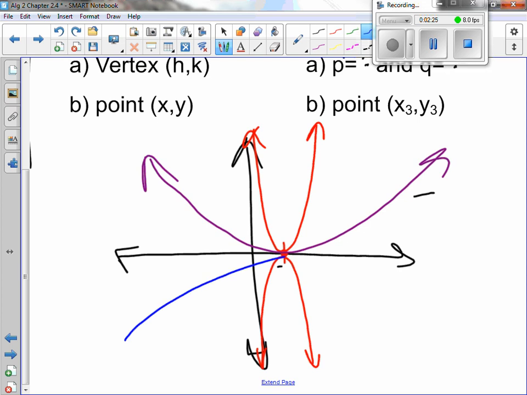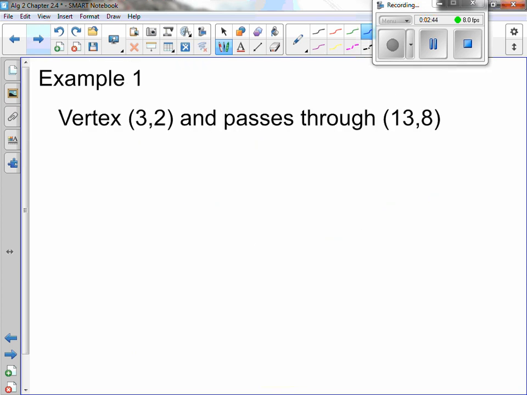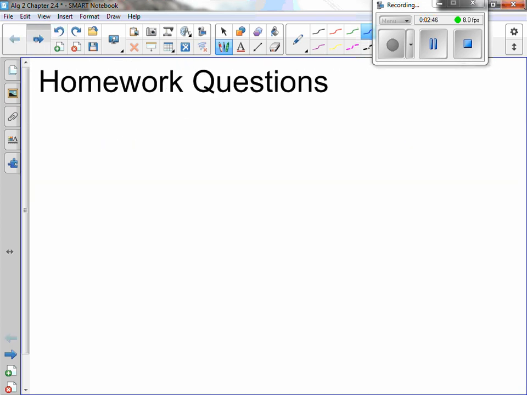We could also have this one here, or this one here. I mean, is there any restriction on what this could be? Well, no. When we're just given the vertex, any one of these, or many, many more, could be true, because they all have that vertex.